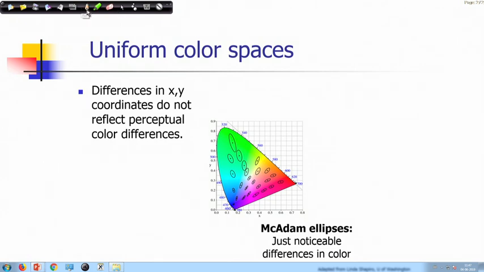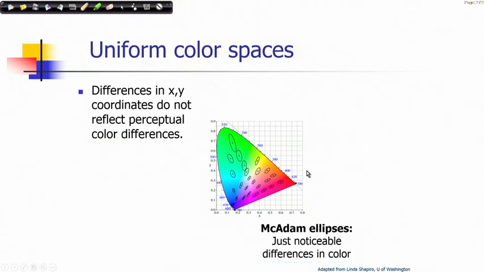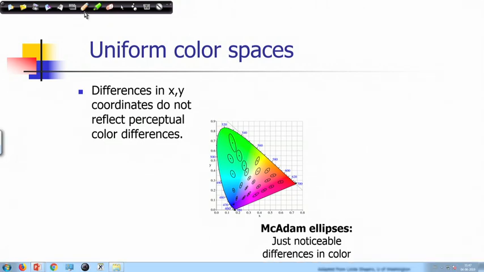For example, this point is 700 nanometer, this point is 520 nanometer and this point is 380 nanometer.